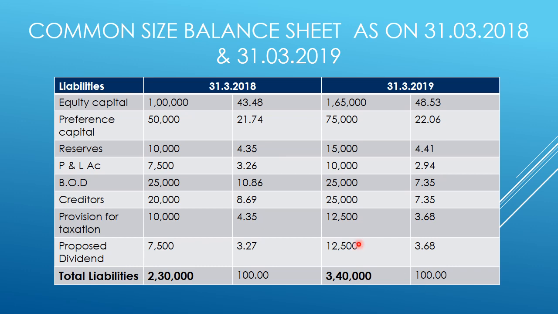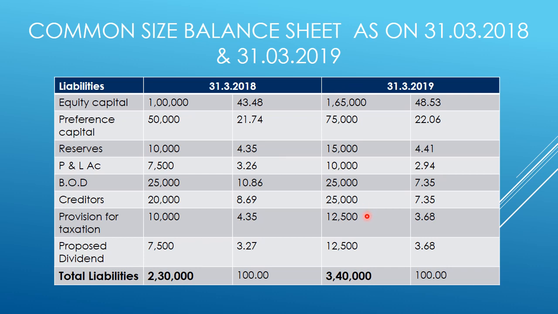Now, why is this important? Here itself, you can see that suppose we were not looking at the percentage figures, here your equity capital was 1 lakh rupees, and here it was 1,65,000. Now, if you just compare these two figures, how much is the rise? From 1 lakh to 1,65,000, you would have said there is a 65% rise in the equity capital, which is true as well.